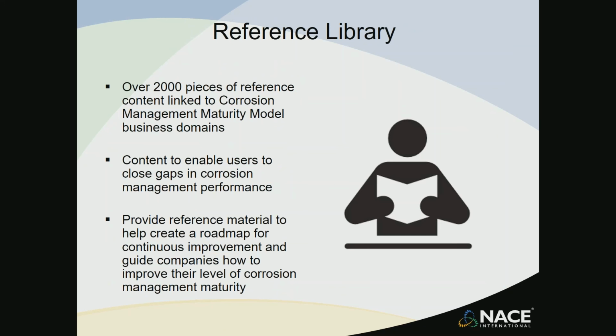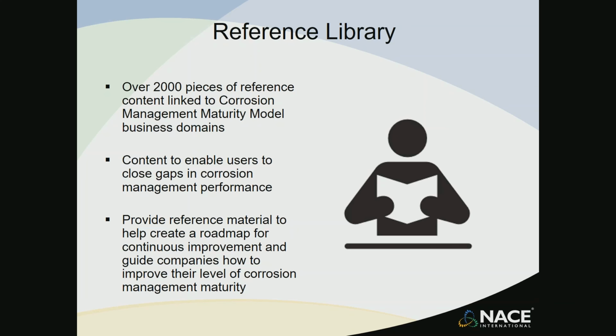The reference library has over 2,000 pieces of reference content that are linked to the corrosion management maturity model, business domains, and it's also linked through the corrosion management process classification framework. Following through with the example that I was giving about training in developing human capital, if you were looking at the corrosion management process classification framework and you wanted to see was there material in the reference library that could help you with training, perhaps developing a training program, just remember this is not technical information that's in this reference library.